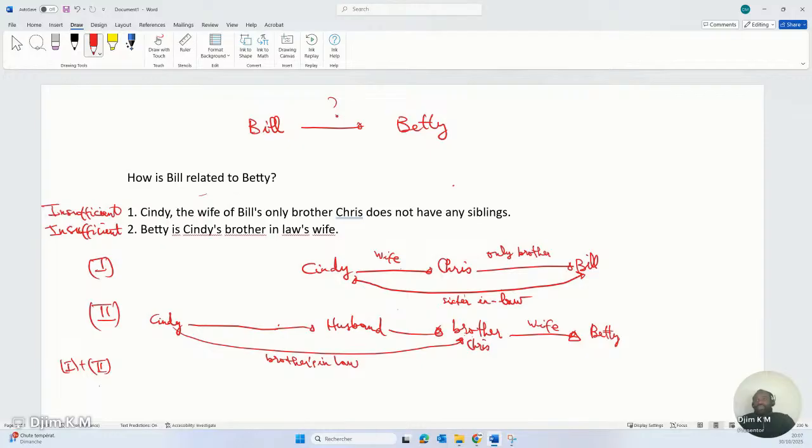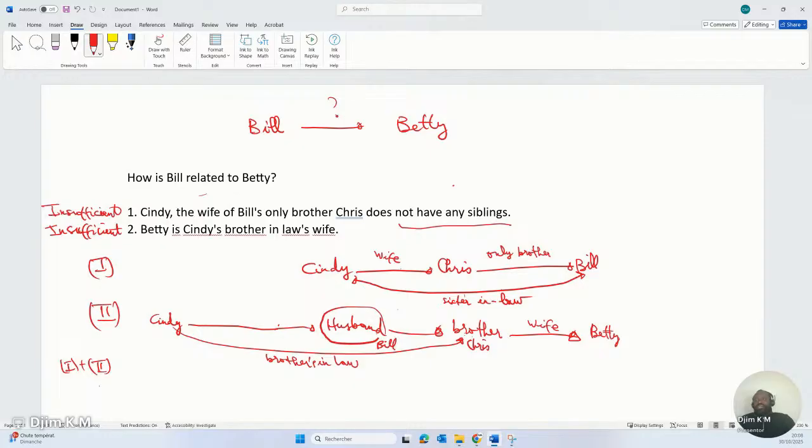And Chris here is a brother to the husband of Cindy. Since it says that he does not have any other siblings, Chris' brother must for sure be Bill.